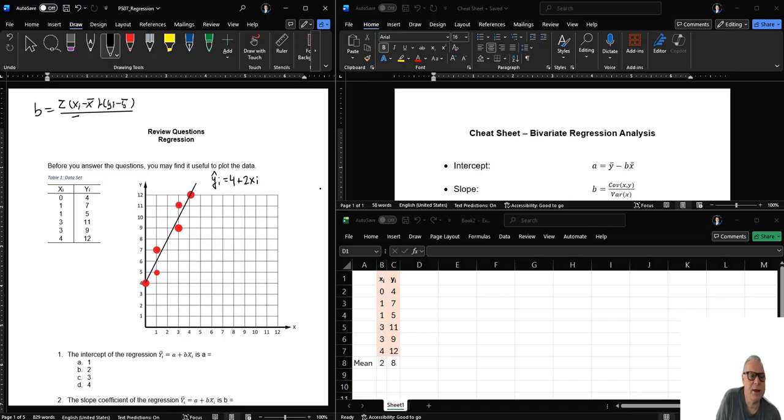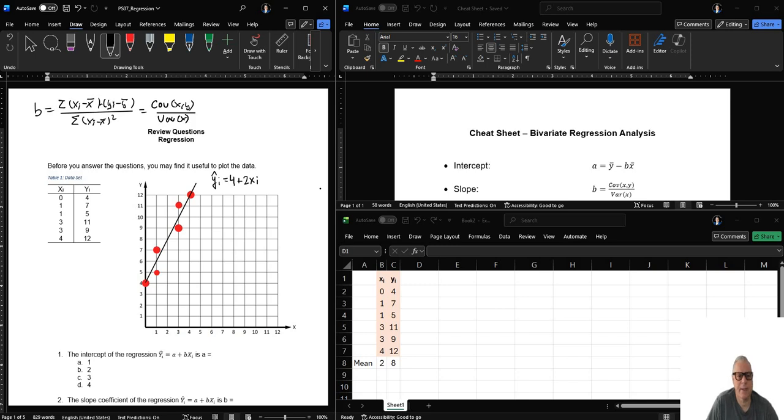Then we divide by the sum of the (x_i minus x bar) squared. Technically I would still have to divide each one by n minus 1, but that will cancel out, so I can just focus on this one. Another way of writing that is the covariance of x and y over the variance of x.